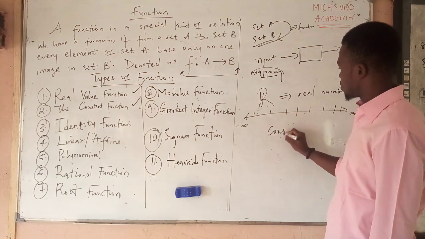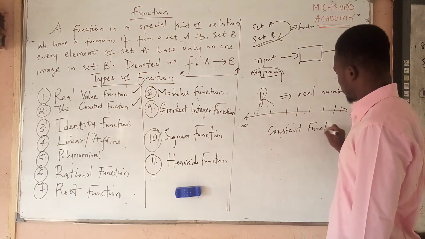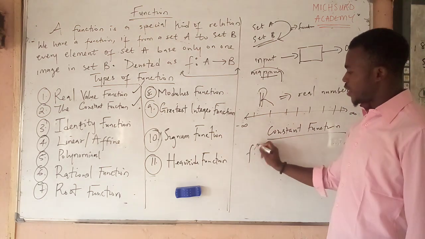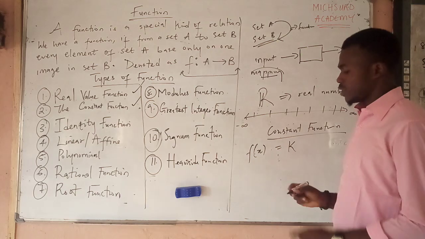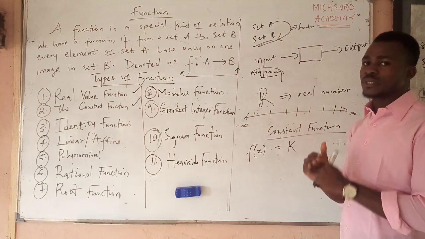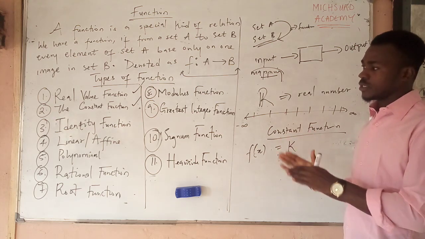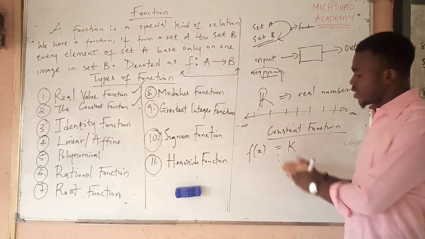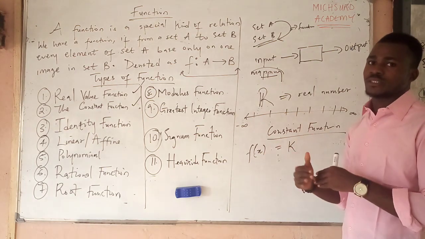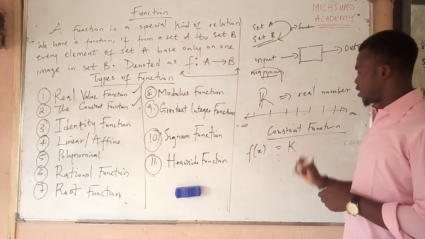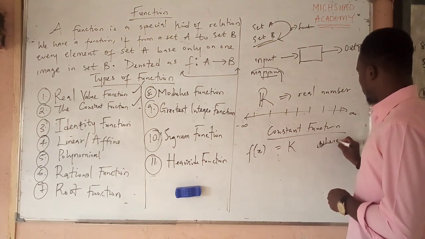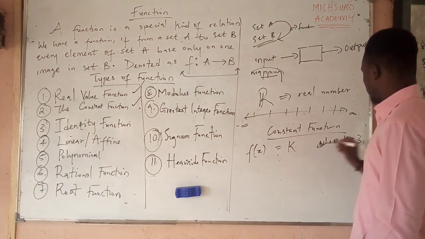Now for the constant function, we look at a function, let's say f of x equal to k. The name comes from the word constant: the output is not changing. For every input you put for x, you always get a particular constant. Let's say k is equal to 3.